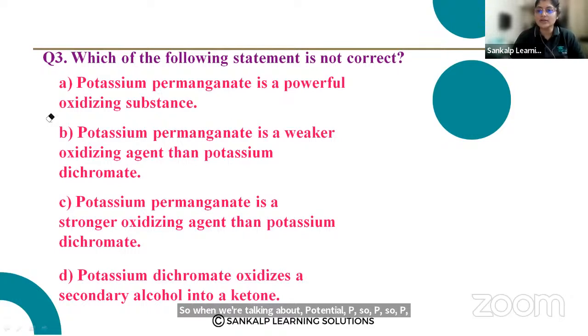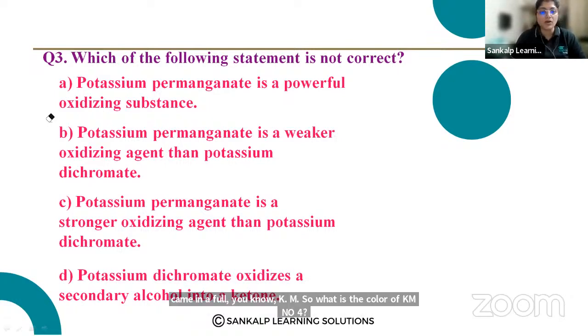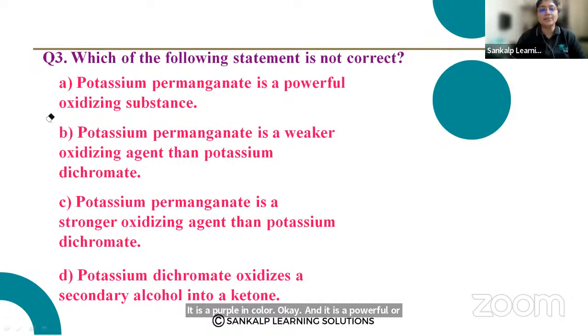It is KMnO4, and it is purple in color. As compared to potassium dichromate, potassium permanganate is stronger.